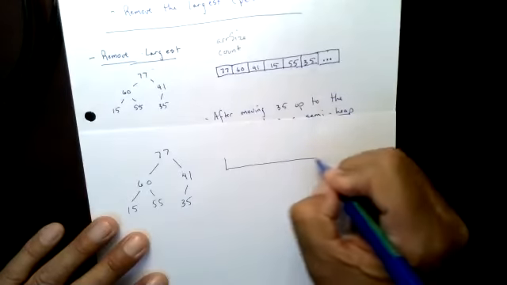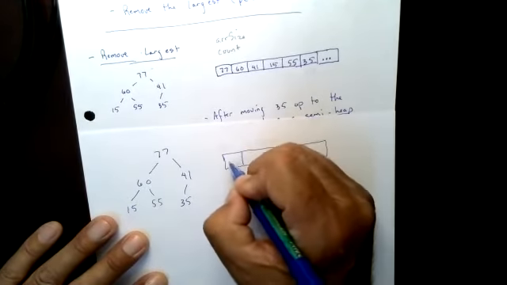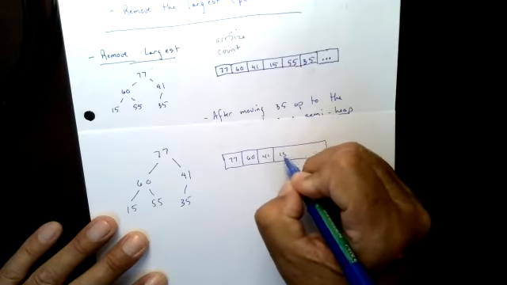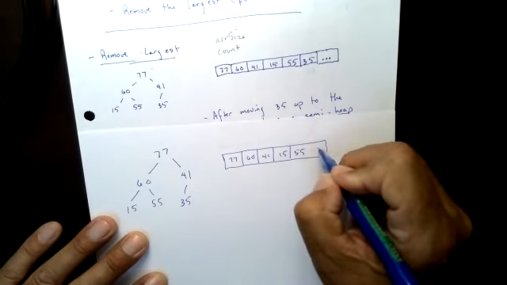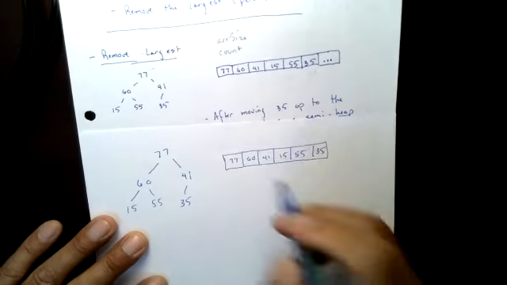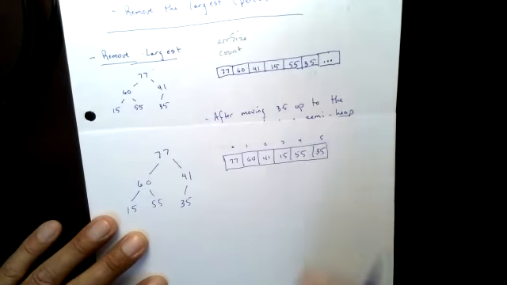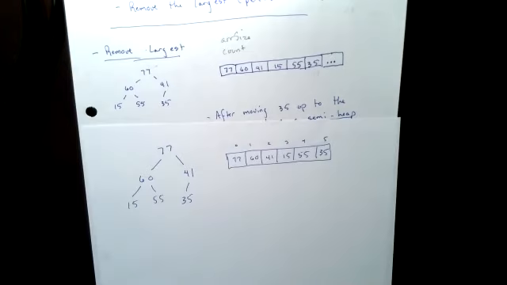And right now my array looks something like this: 77, 60, 41, 15, 55, and 35. I have location 0, 1, 2, 3, 4, 5, and my array size is 6.